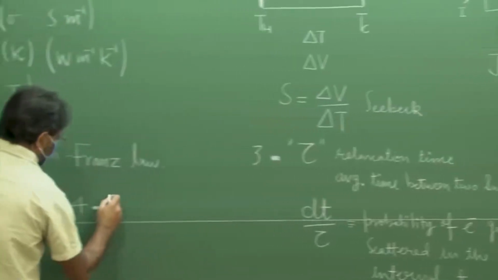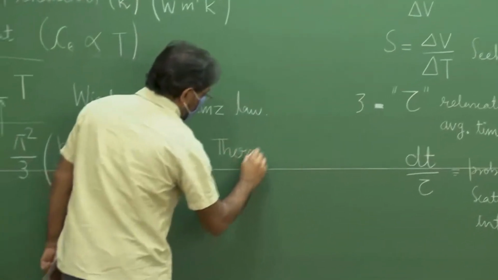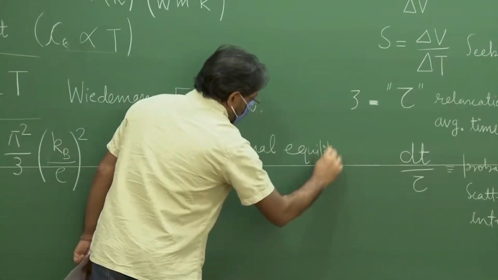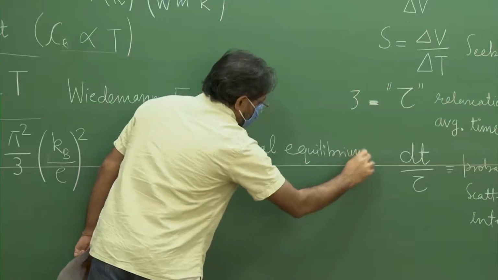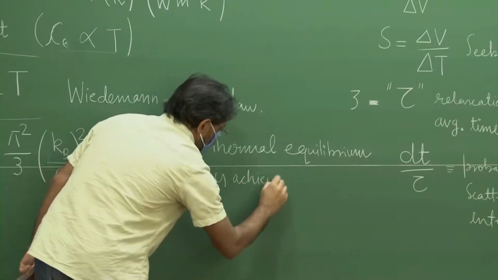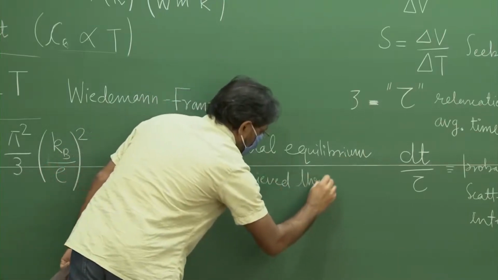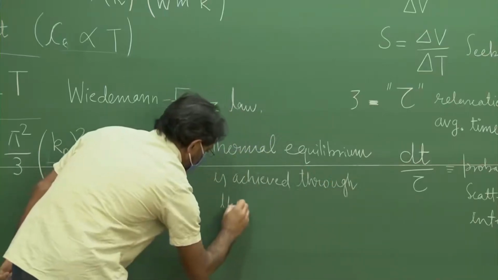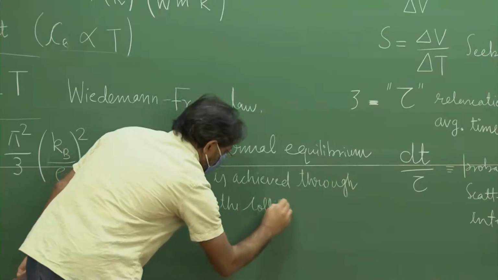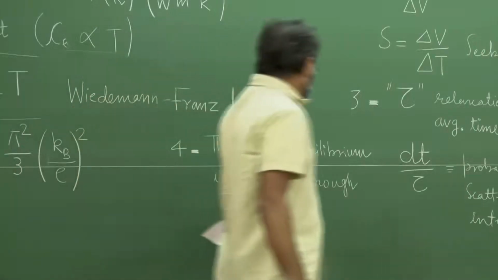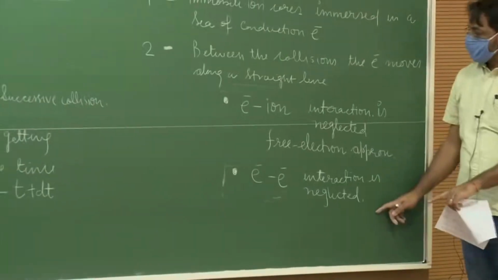So the fourth point is that the thermal equilibrium in Drude's metal is achieved through the collisions. Now, this point may look slightly counter to the point where we say we neglect the electron-electron interaction.